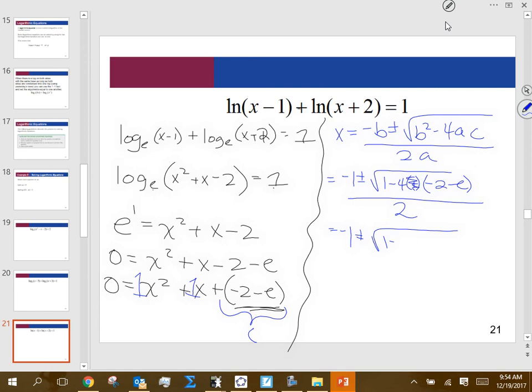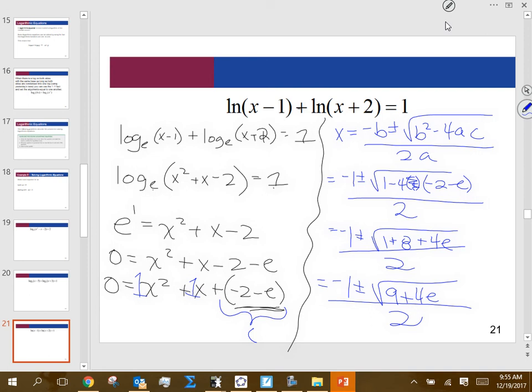So I really have negative 4 distributed into that negative 2 minus e. So what's negative 4 times negative 2? 8. And what is negative 4 times negative e? 4e. So now I get negative 1 plus or minus the square root of 9 plus 4e, all over 2.